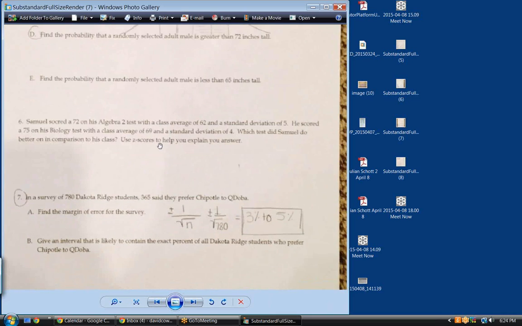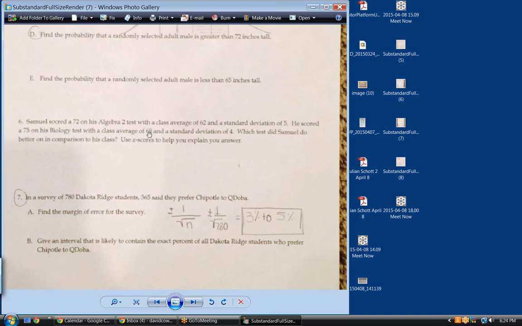Okay, and then on his biology test, the Z-score is 75 minus 69 divided by 4. He's got a 75 on his biology test.